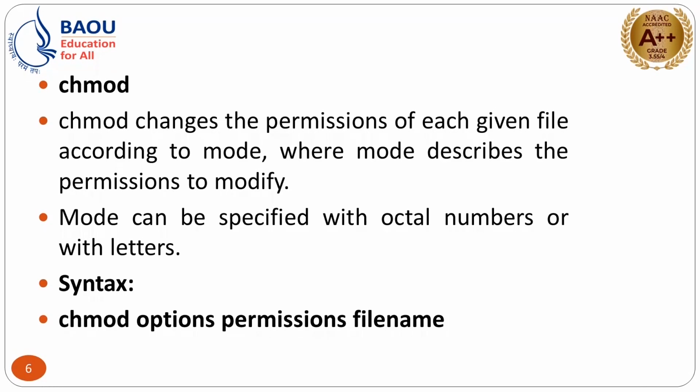So if you want to change the permission of a particular file, in that case you use the chmod command. The syntax for chmod is, you have to use chmod on the command prompt, then the options, which are optional, and then you can mention which permission you want to assign or revoke for the particular file, and then the file name.